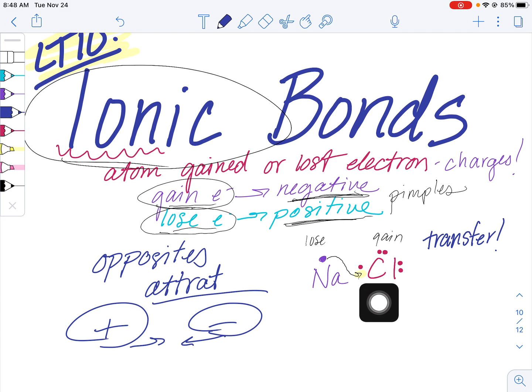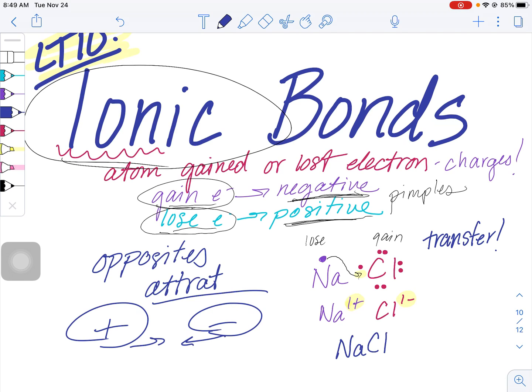So now the chlorine becomes full, as does the sodium. This is where our ions come in. Because the sodium lost 1, it now has a new charge of 1 plus. The chlorine gained 1, so it now has a new charge of 1 minus. And if these charges balance out, we can now finalize the bond by pushing the two elements together. They are now bonded as NaCl.